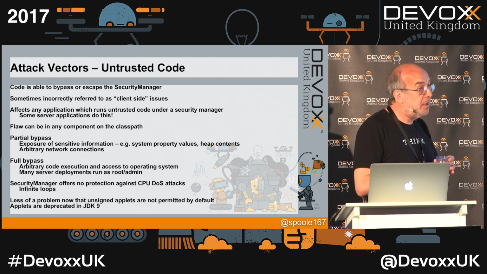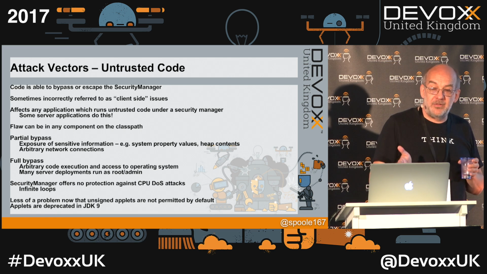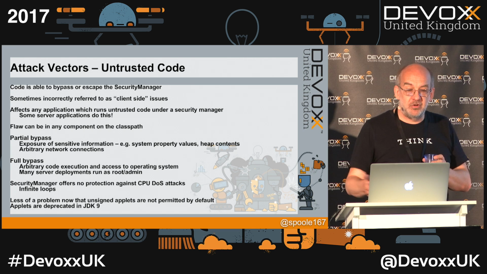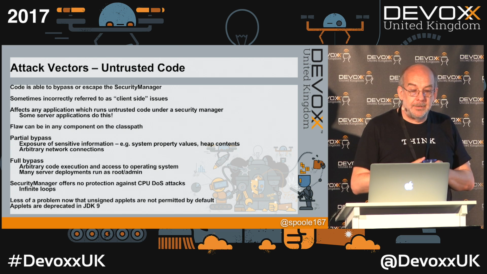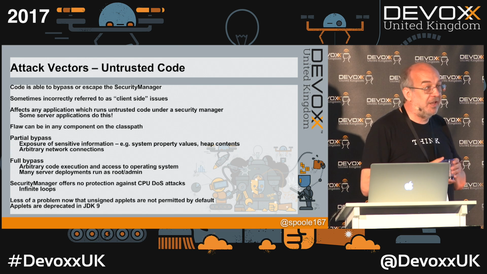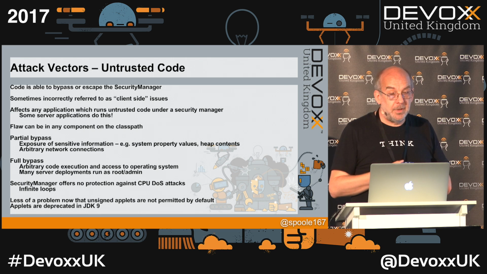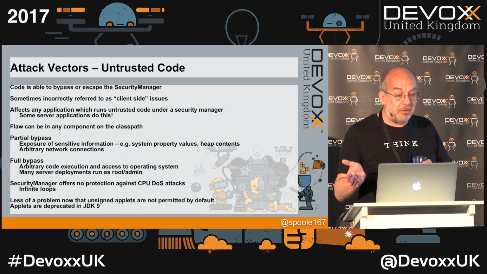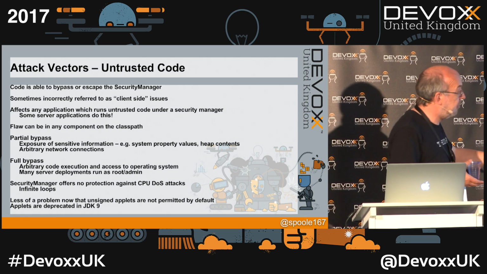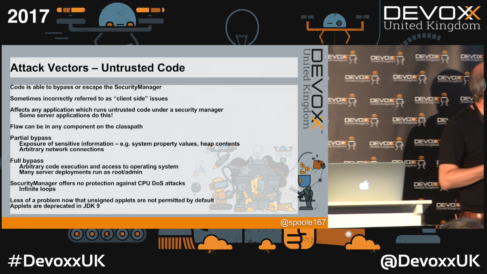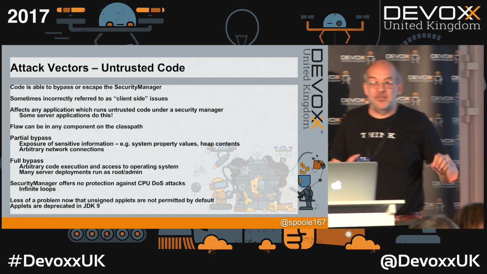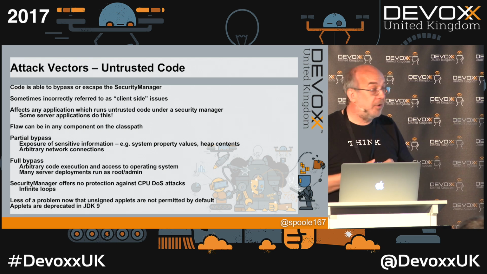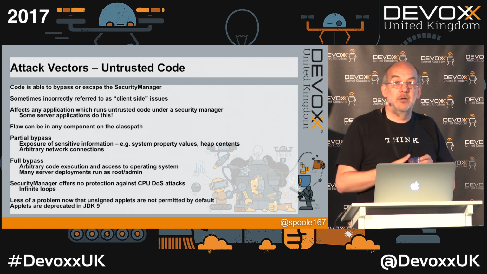Untrusted code. Untrusted code is literally that, bypassing your security manager. I find ways around it. They talk about client side, but actually it's server side as well. There are lots of places where these vulnerabilities can come out. And again, they're all classified. Like you have partial bypasses, where you can get at some information, full bypasses where you can get at the code, right?